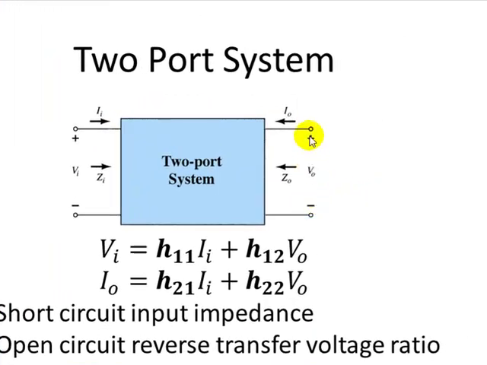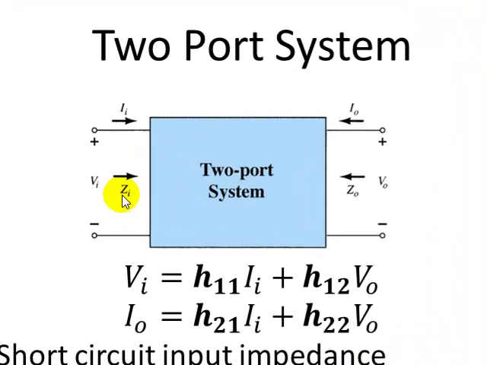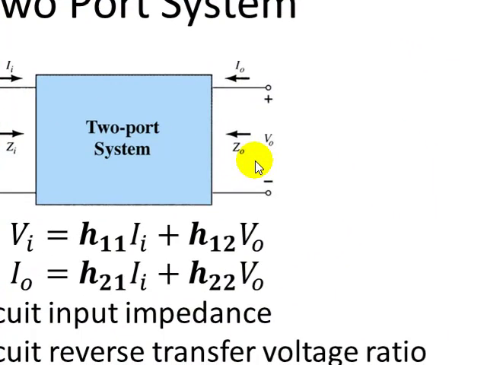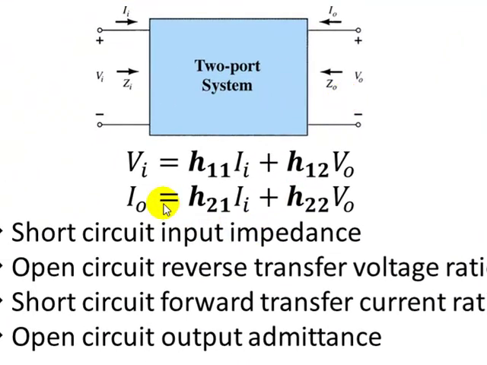Similarly, voltage at the output port is V0 and current flowing into the system from the output port is I0, and corresponding Zi and Z0 are the input and output impedances. The equations that relate these variables are given here. Vi is H11 Ii plus H12 V0, and I0 is H21 Ii plus H22 V0.